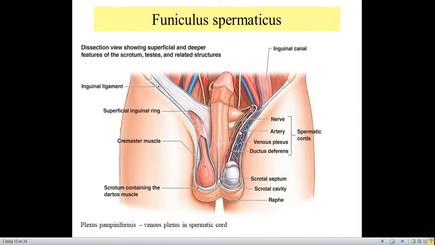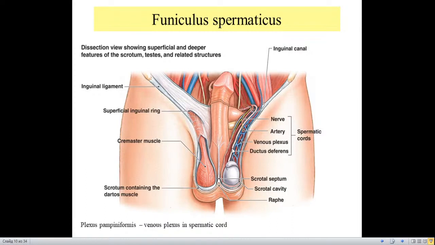And this deferent duct is accompanied by arteries, testicular artery, artery of vas deferens, testicular vein, and veins actually form a venous plexus. This plexus is known as plexus pampiniformis. Keep in your mind, venous plexus of spermatic cord, plexus pampiniformis.